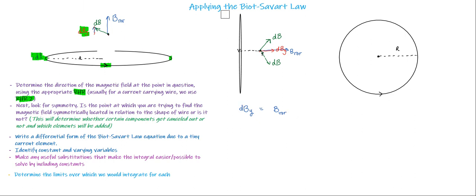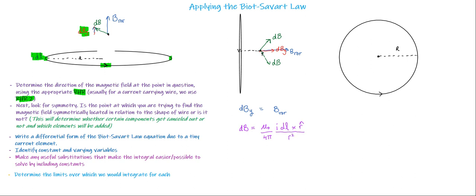So what we're going to do here is write out the Biot-Savart law, and the Biot-Savart law in one form at least is going to be dB is equal to the constant mu naught over 4 pi. Now we're going to multiply this by the current I dl, so this is a small current element, cross, and I'm going to put the unit vector r here with r squared on the bottom.